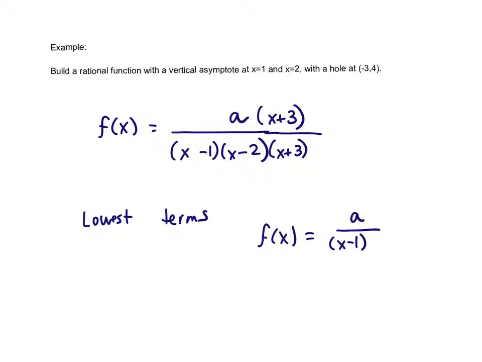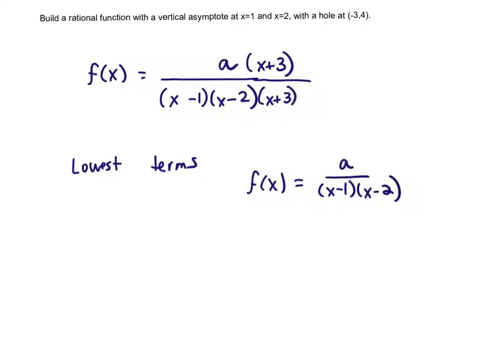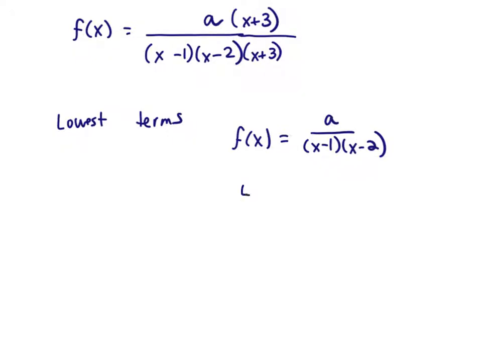So in lowest terms, this function I have so far is going to be a over x minus 1 times x minus 2. But I'm saying in lowest terms, if I plug in negative 3, we're going to plug that in and hopefully get 4. So if I put a 4 for my value, and I plug in negative 3 for my x, we'll try to figure out what a will give us that value.